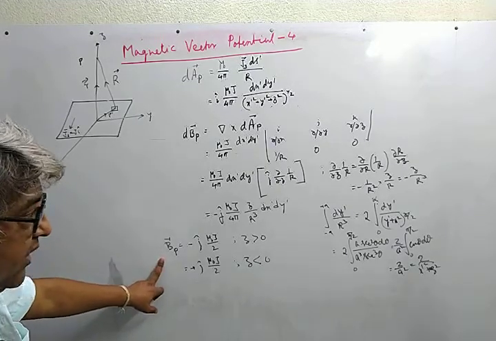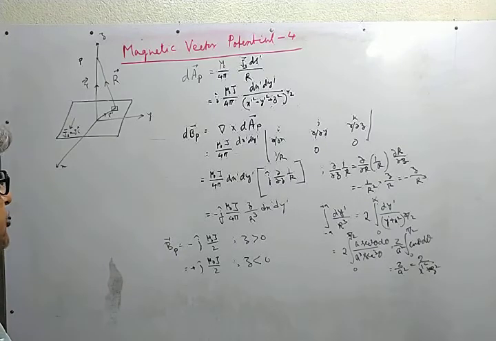A similar example we have seen in the case of an infinite strip, where the vector potential is infinite or diverges. However, the magnetic field is a convergent one. This is another similar type of example.